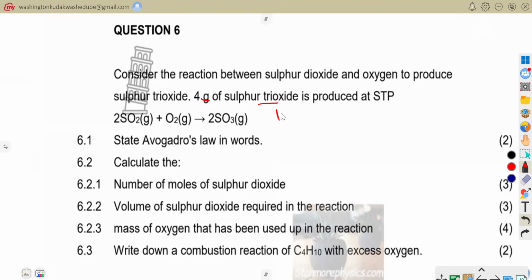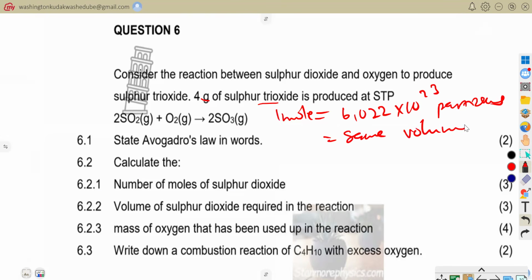Because you always know that 1 mole of gas is equal to 6.022 times 10 power 23 particles, and these particles occupy the same volume at standard temperature and pressure. Meaning that if you are given standard temperature and pressure, or else the same temperature and pressure, you would be having the same number of particles, and those same number of particles will occupy the same volume.